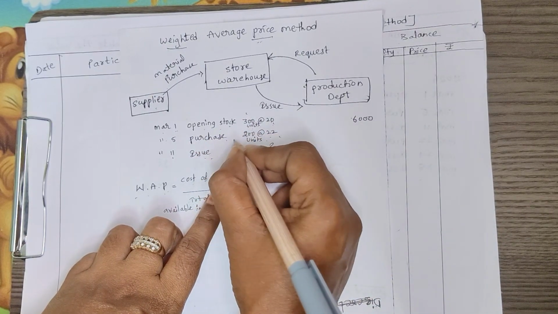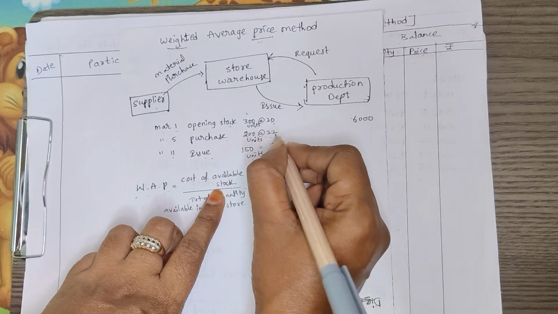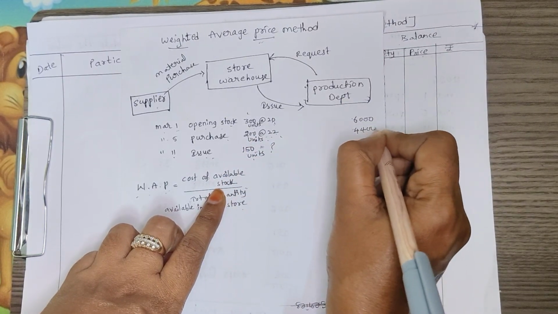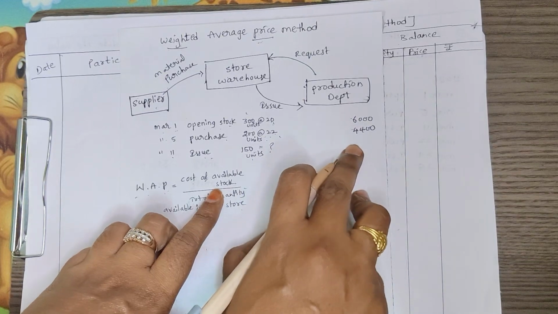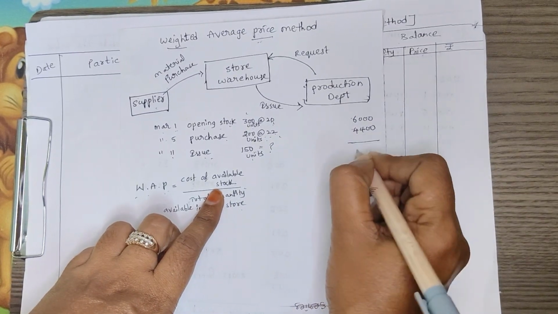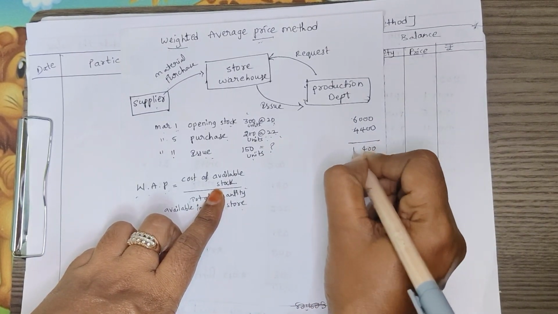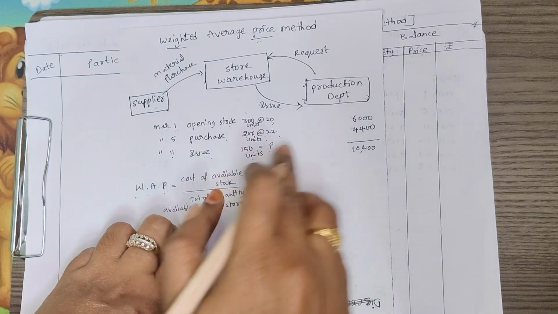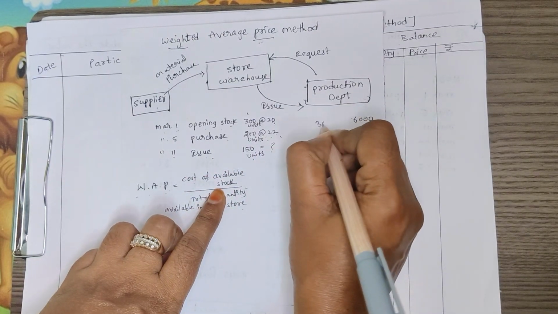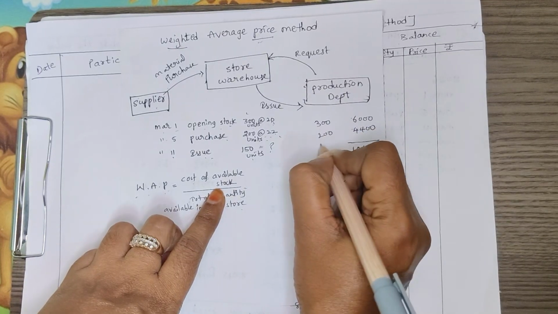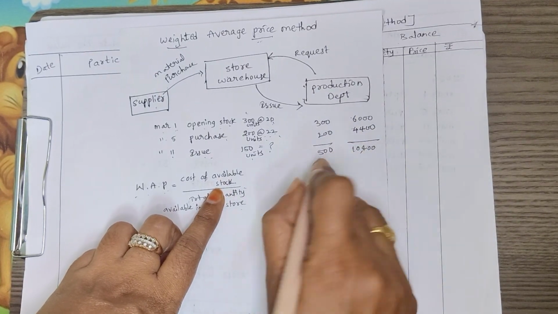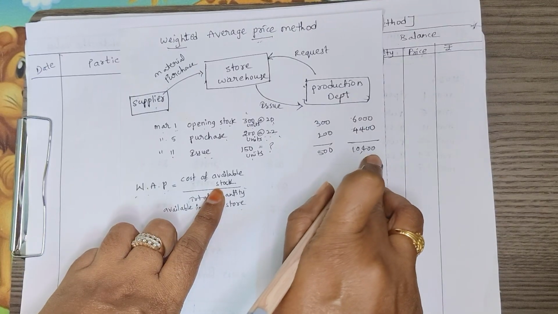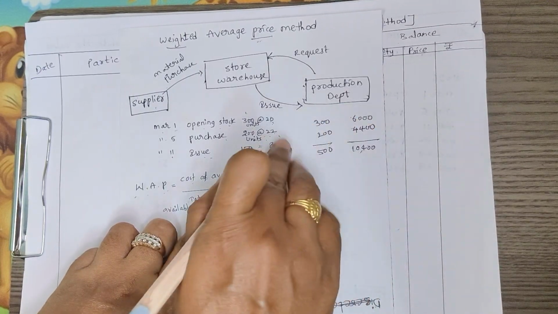Then we again purchased 200 units. So 200 into 22 is 4,400. Okay. So what is our total cost here? 10,400. So that is the cost of available stock. In our store, the available stock is 300 and 200, total 500 units. So 10,400 rupees worth of stock is available in our store.